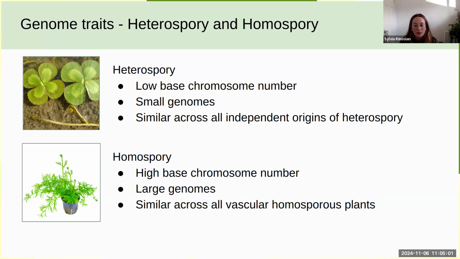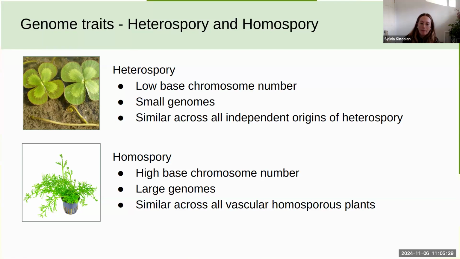And then all homosporous vascular plants have high base chromosome numbers and large genomes. Just a note here, I will not really be talking about the bryophytes today. Those are homosporous plants with small genomes and low chromosome numbers. I also won't touch too much on the gymnosperms, which have large genomes and small chromosome numbers. I'll cover those a little bit and would be happy to answer any questions about those at the end of the talk.